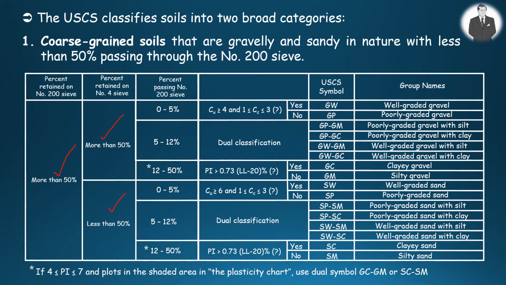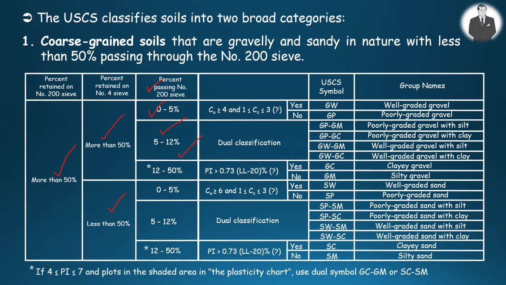Depending on your choice, you need to move to the third column, where you need to check if the percentage passing the No 200 sieve is in between these values. Again, depending on your choice, you need to move to the fourth column.